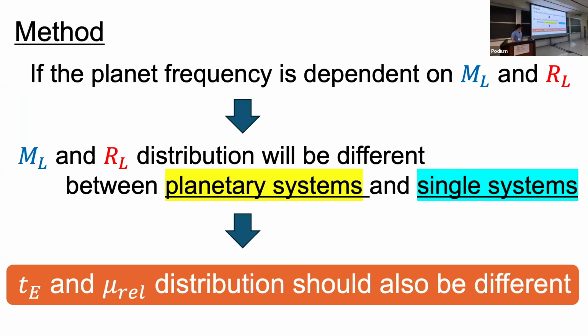Because tE and mu are strongly related with ML and RL, if there is a difference in ML and RL between the planetary system and single system, the tE and mu distribution should also be different. So by comparing the tE and mu distribution of the planetary system with the single system, we can estimate the small m and small r values.